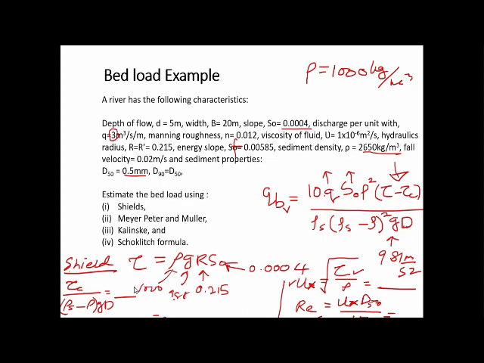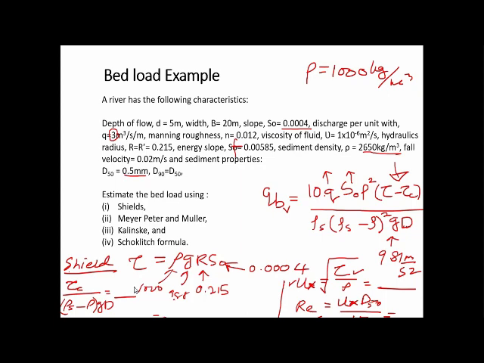And then if the equation requires you to find the energy slope, for example, if it is not given, then you have to understand the equations. There must be a flow coming from upstream with one depth to a flow going to the downstream of the river with a different depth.